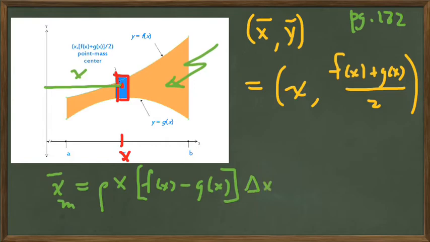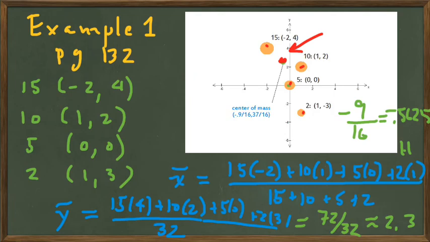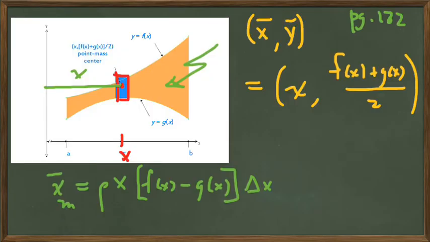Right? And so going back to our previous formula, we took all of the moments that we had, all of the moments across the x-axis, and then we divided by the weight. So we're going to continue that process here, and so we're going to take each of the moments.